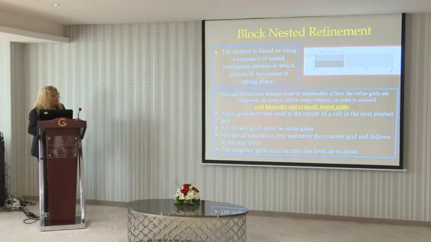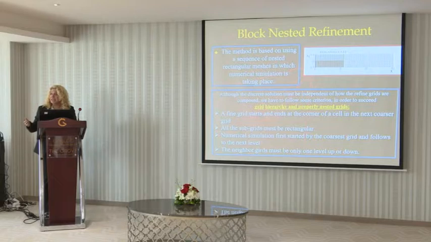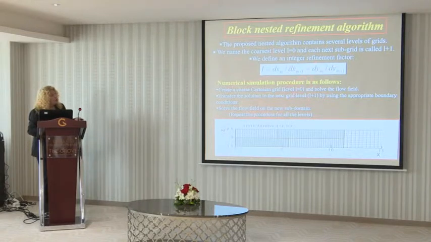Easily, the refinement grid can be created using a hierarchy in our grids. There are, of course, some conditions. All of the subgrids have to be rectangular, and definitely we have to choose a refinement factor, which in our case, as you will see here, is equal to 2. So you divide dx and dy up to the time that you want, up to the accuracy that you want to receive.